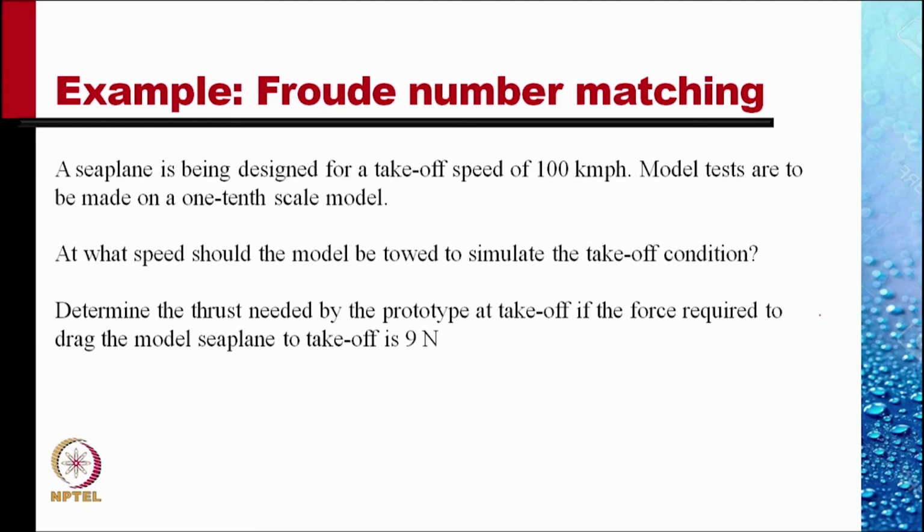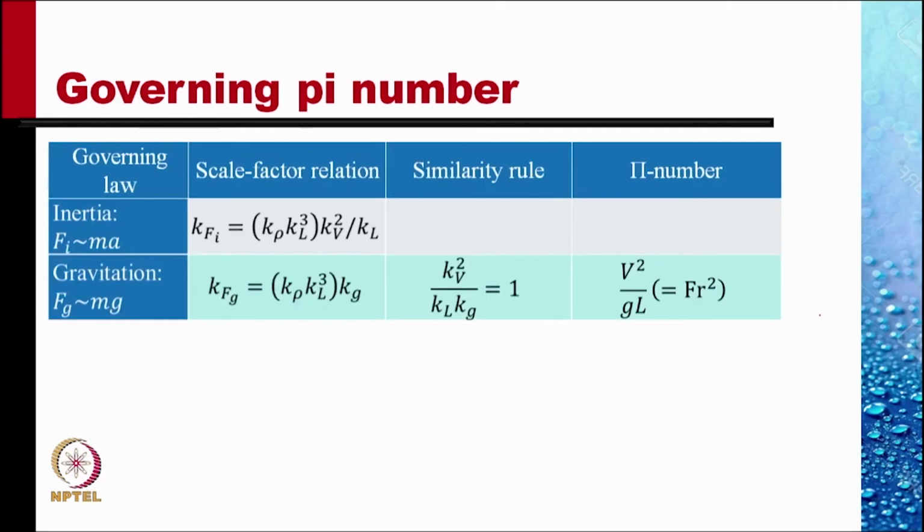When the aircraft is taking off, it is experiencing the resistance in water. Here, gravitation force and inertia forces are important. The inertial force scale factor was determined earlier as this, which is nothing but K rho, KL square, KV square.